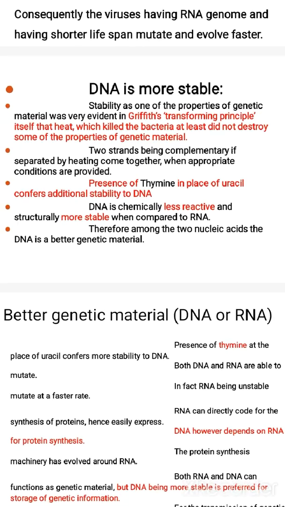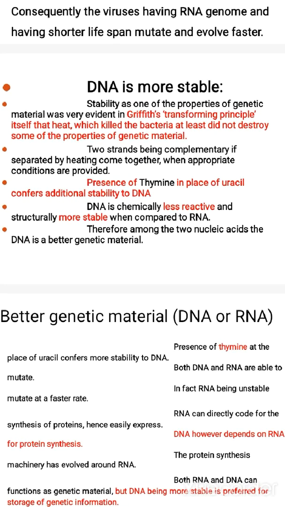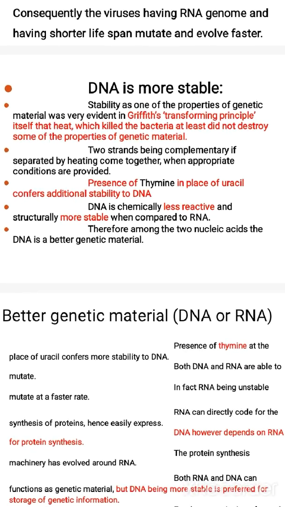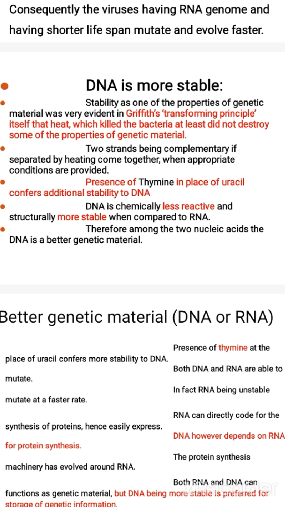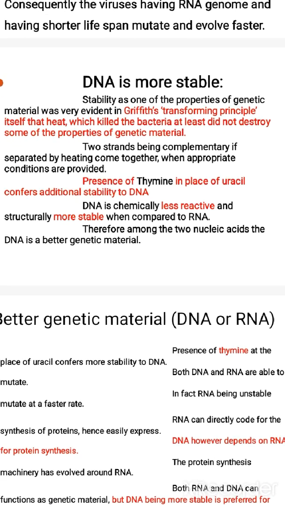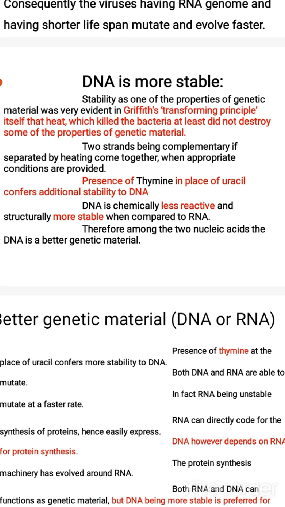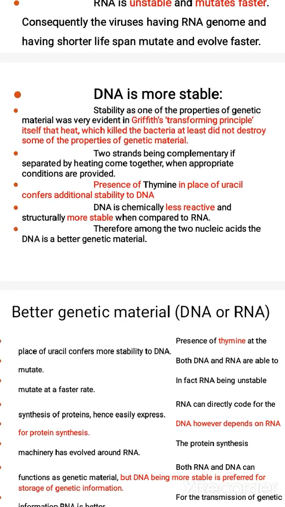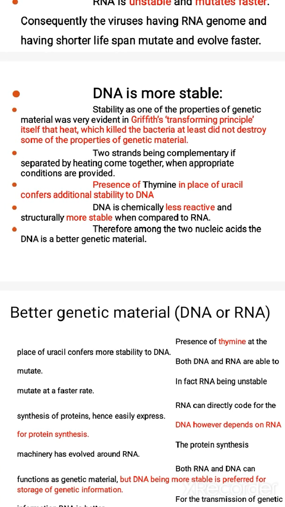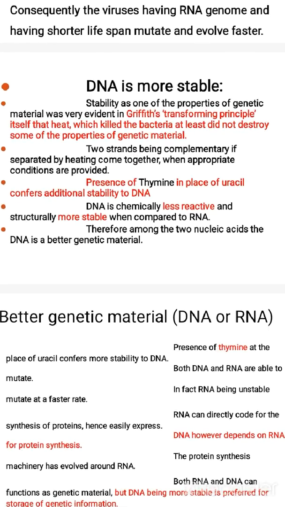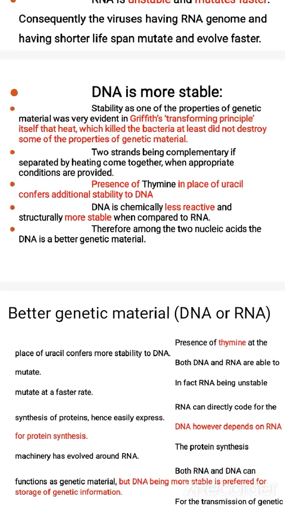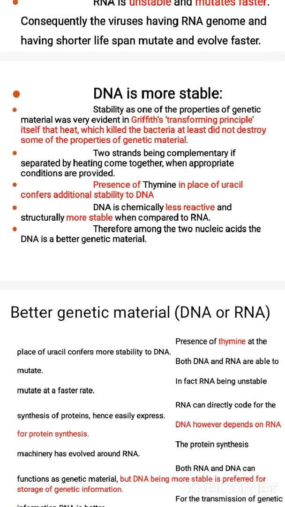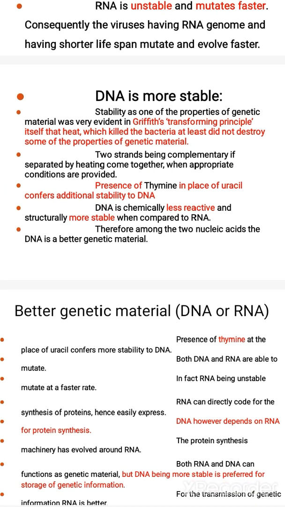In the case of DNA, there are two strands, and the two strands are complementary to each other. The ATGC combination is there in DNA, with thymine. In the place of thymine, uracil is present in RNA. The presence of thymine gives stability to DNA, and the presence of uracil gives instability to RNA.